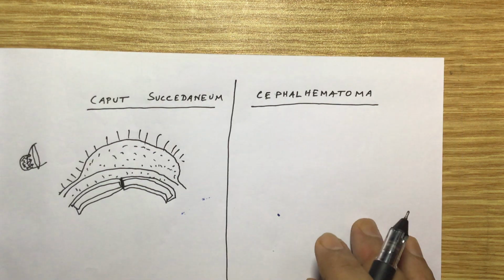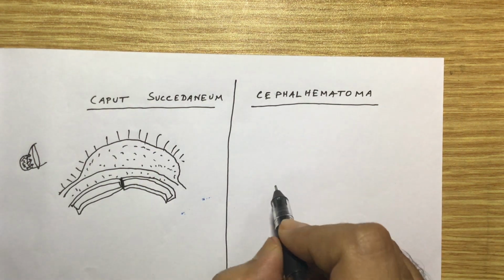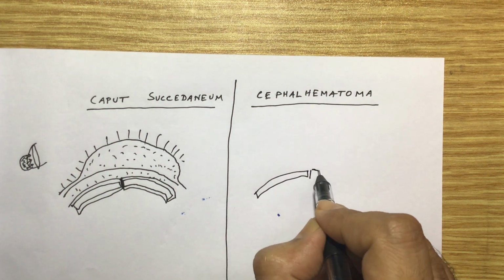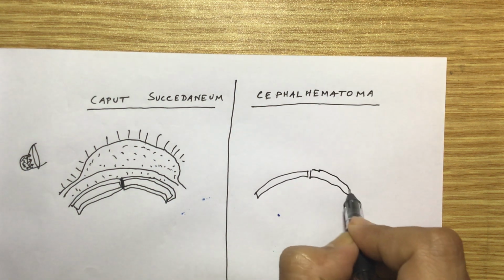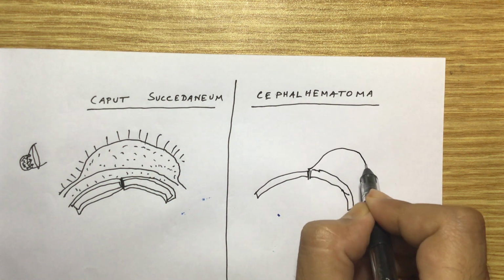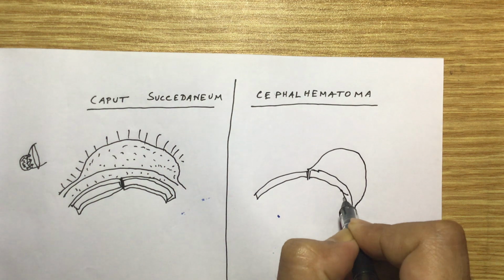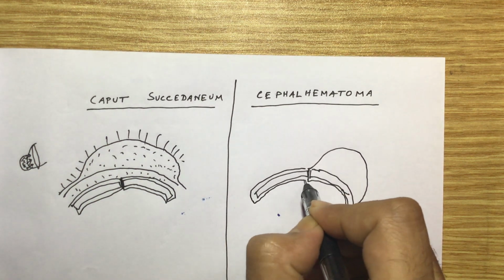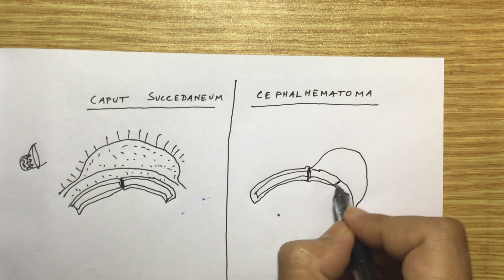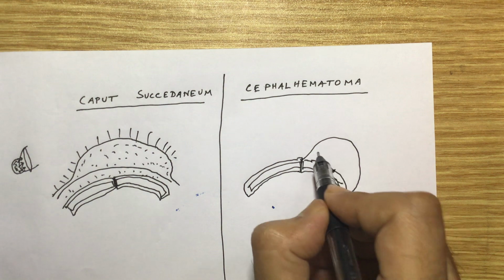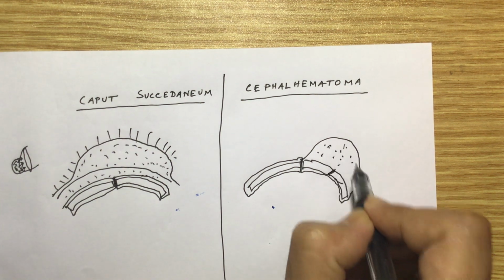Whereas in the case of cephalhematoma, the blood accumulates in this layer. Here it is normal. It can happen maybe due to breakage of a vein in this skull bone, giving rise to accumulation of blood over here.